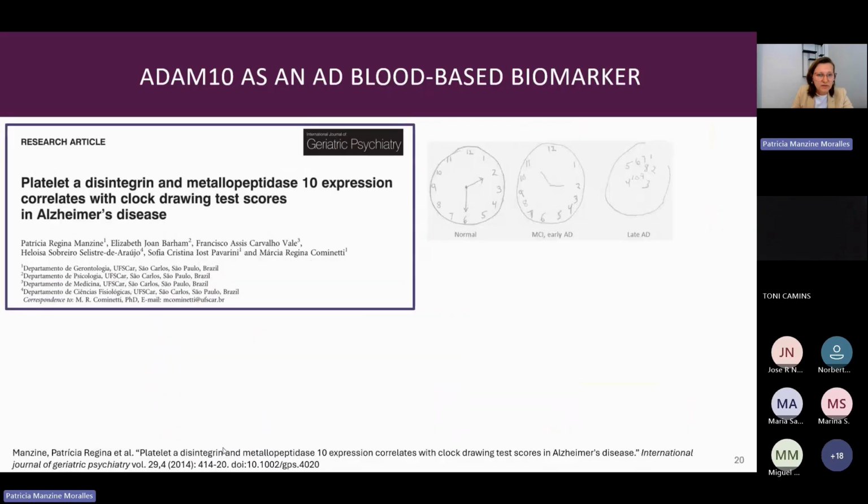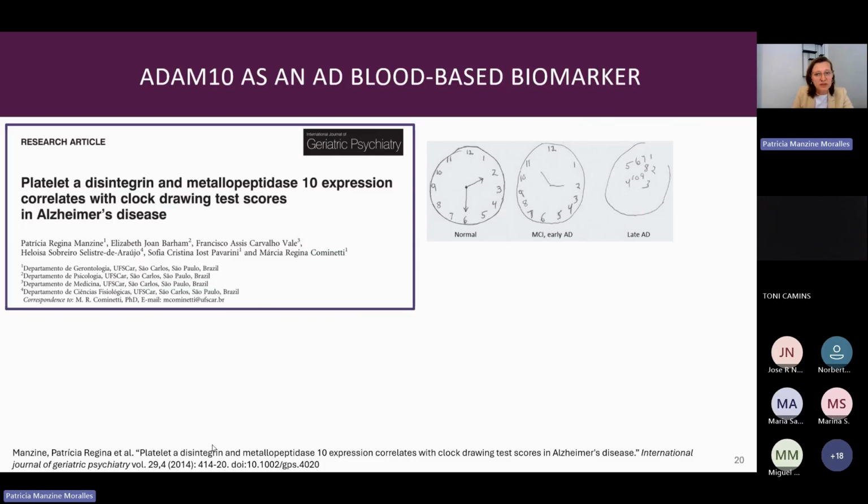Decreased levels of ADAM10 were also correlated with the clock drawing test. It's simple, but it's an interesting test that assesses construction, praxis, visuospatial ability, executive function, and also verbal and semantic memory.